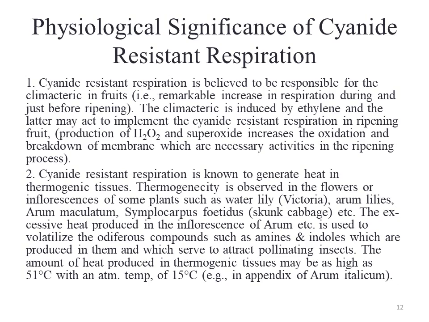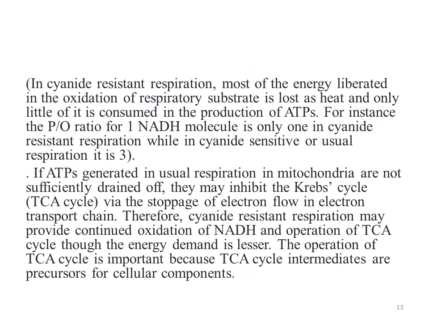The amount of heat produced in thermogenic tissues may be as high as 51 degrees C with an ambient temperature of 15 degrees C. This temperature can vary based on different types of plants, their inflorescence, and the season in which they are growing.